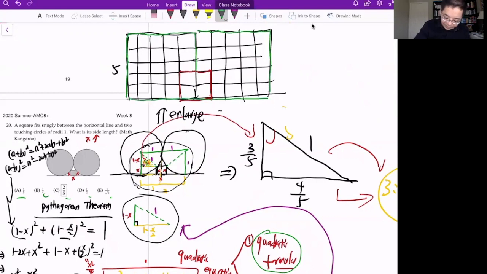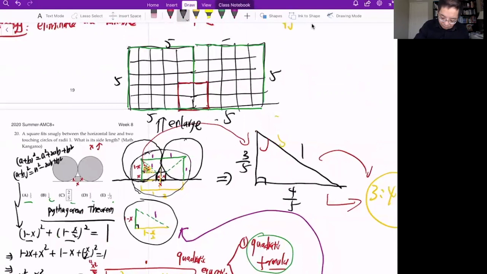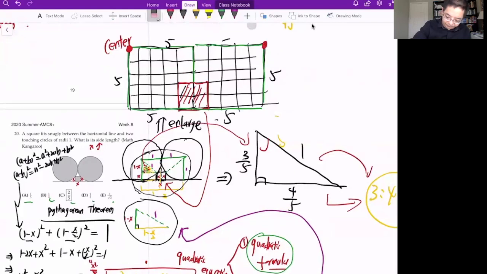So now we have 5, 5, this is 5, this is 5. The middle one, right here, is the small square. Now, here we have 2 centers. So this is the center, this is the center, and this is also the center. If we connect the center with the touching point, what do we get?